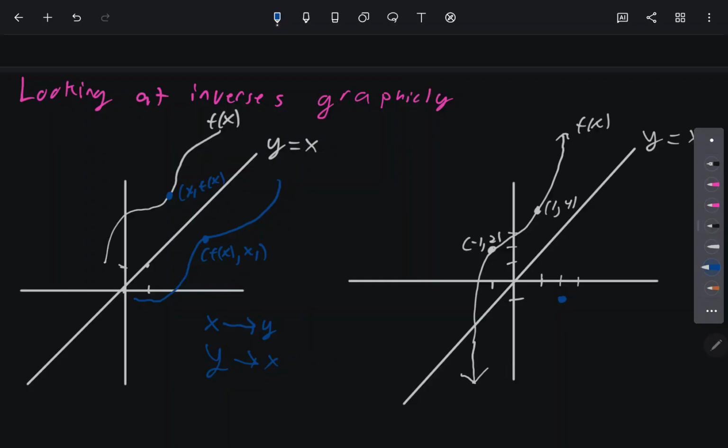We also know that there's going to be a point at (0, 3). I have to draw on a slant because it sometimes doesn't like things. And then finally, we know there's going to be a point at (4, 1). So what this graph's going to look like is something along the lines of this. A nice little swirl.